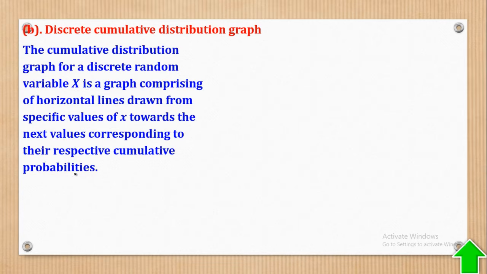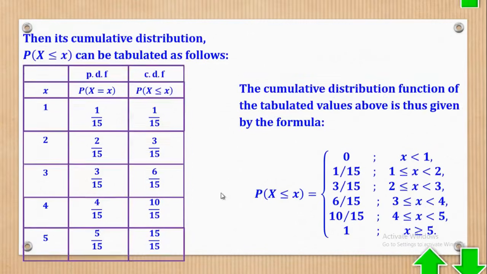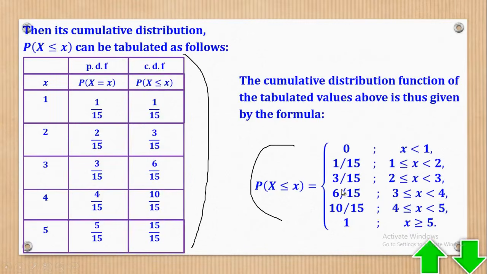So what do I mean? If I have the x-axis like that, so I'll go back and say that for this interval it was 1 over 15. So I think you see it starts from 1, but it does not reach 2. It is just less than 2.